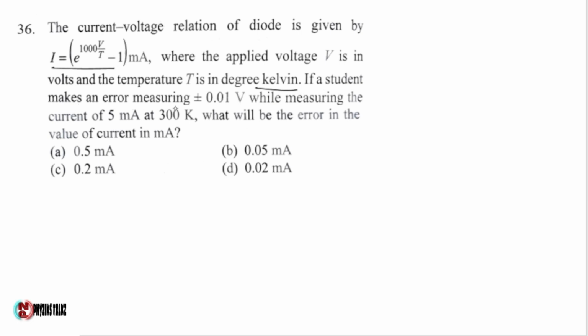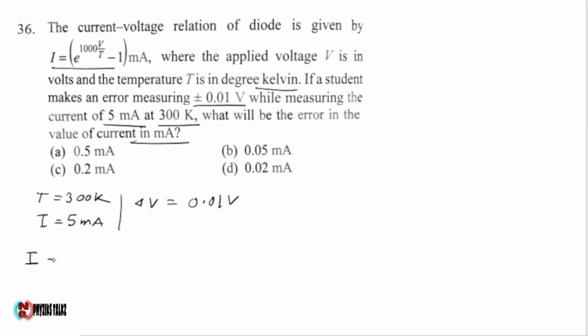The student makes an error in measuring voltage of 0.01 volt while measuring the current of 5 milliampere at 300 K. Then what will be the error in current in milliampere? Now here T equals 300 K, I equals 5 milliampere, delta V equals 0.01 volt.